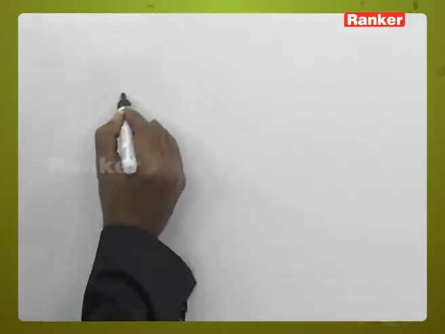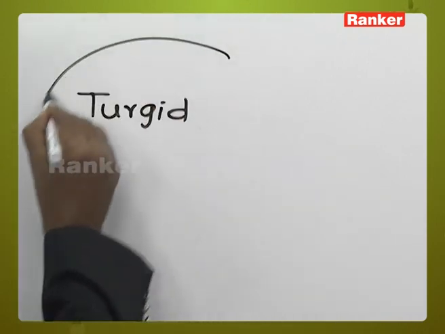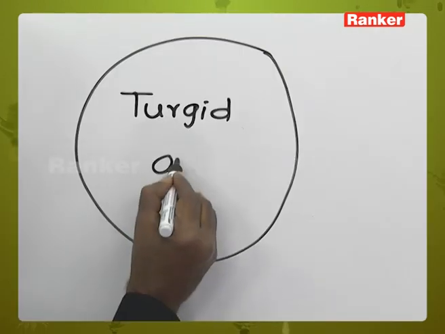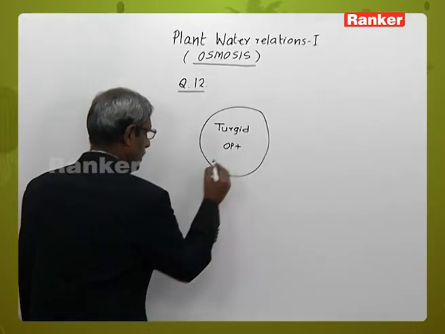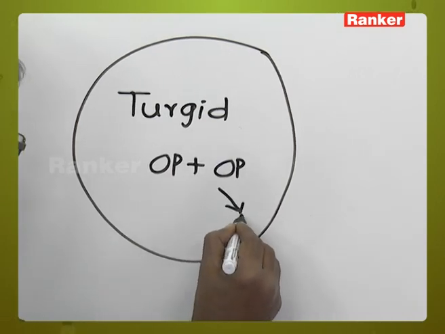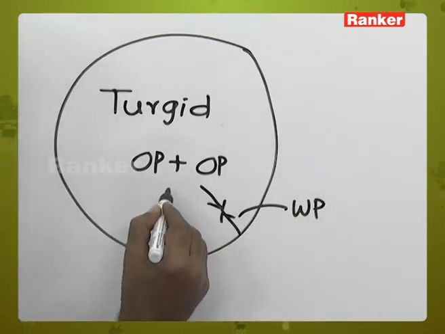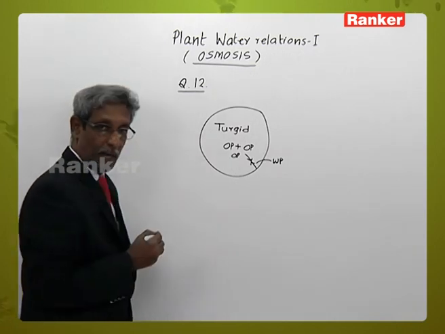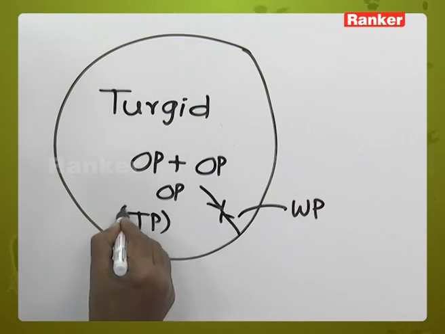When a cell is fully turgid, it means the osmotic pressure is the highest. When the osmotic pressure is highest, it will create a wall pressure. There will be a WP which contracts the OP, and when this contraction occurs, it results in the formation of a TP, turgor pressure.